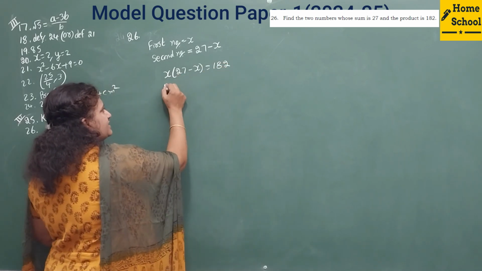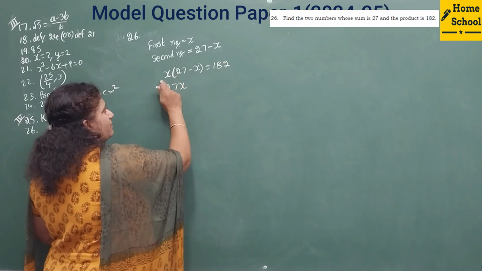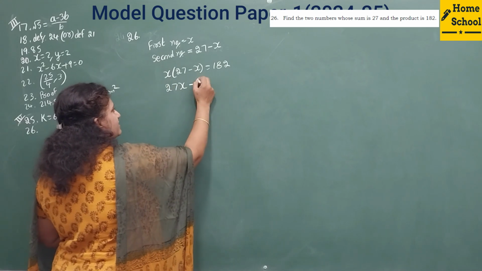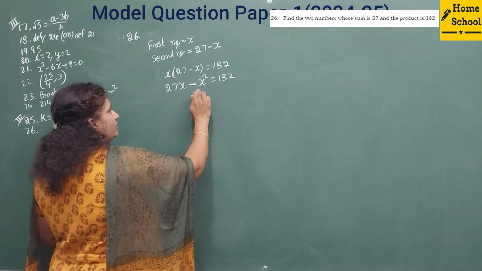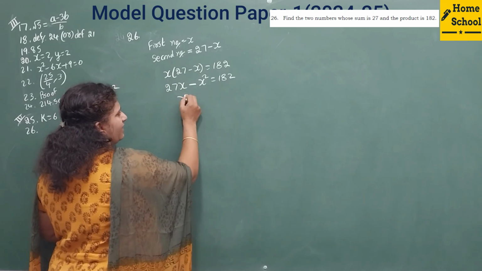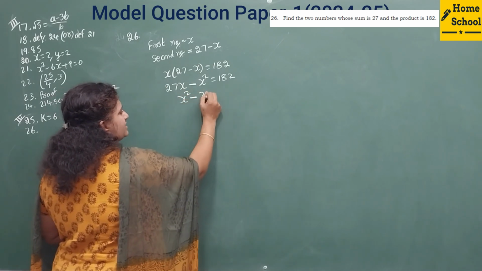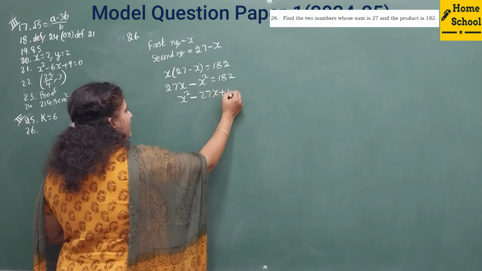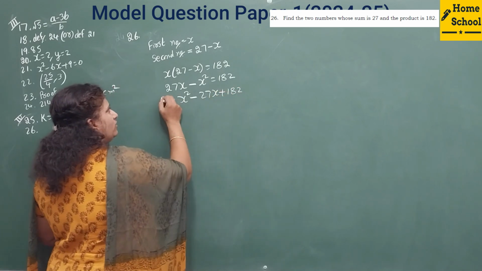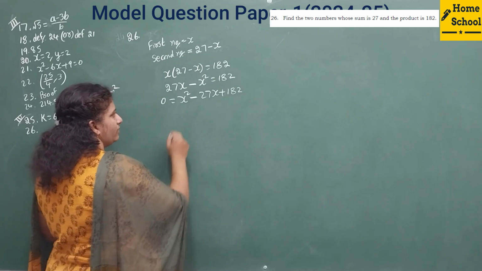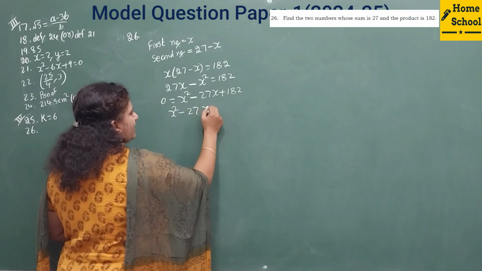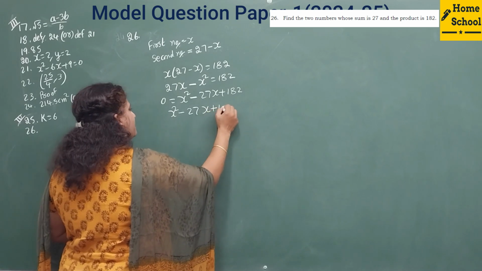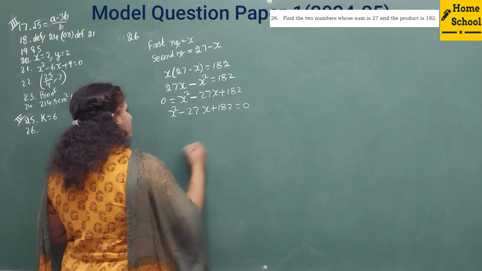Multiply x into 27 is 27x. Plus into minus minus x into x is x square is equal to 182. Take all the terms other side. X square minus 27x plus 182 equal to 0. Right? Rewrite full set other side. X square minus 27x plus 182 equal to 0.